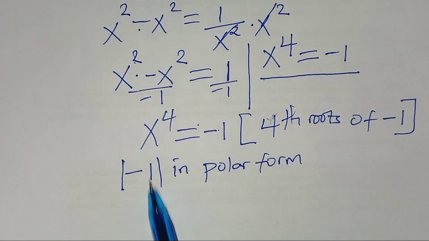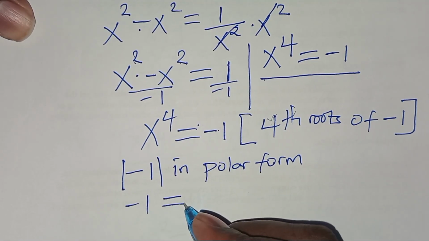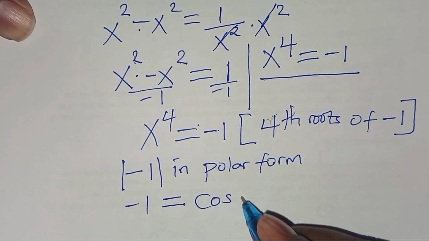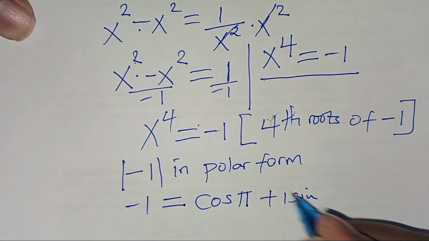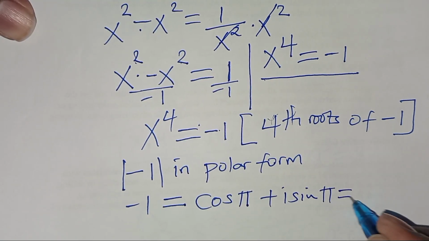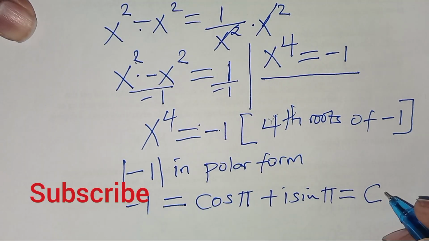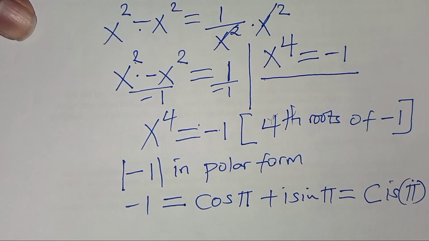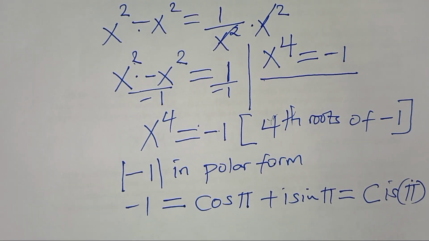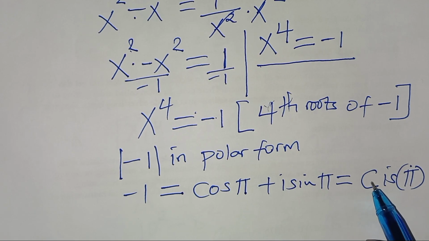Negative 1 is equal to cos pi plus i sine pi. Now from here, we can calculate the values of x.